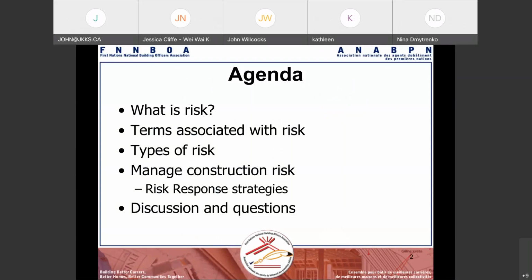I was just on pause there because I'm trying to get Malcolm Smith to join us, who I've known for years. Malcolm is a commercial insurance broker who is probably, I think, one of the top people in Canada that really understands Indigenous communities and First Nations insurance.